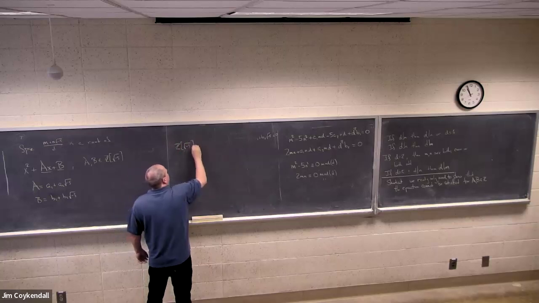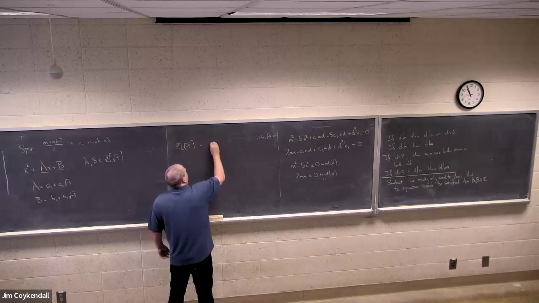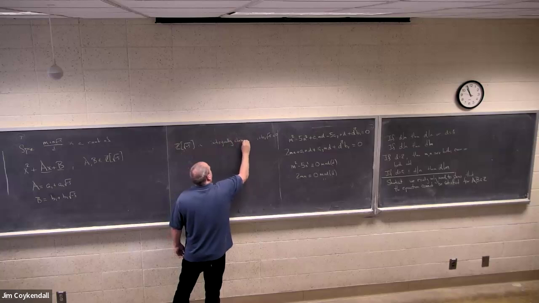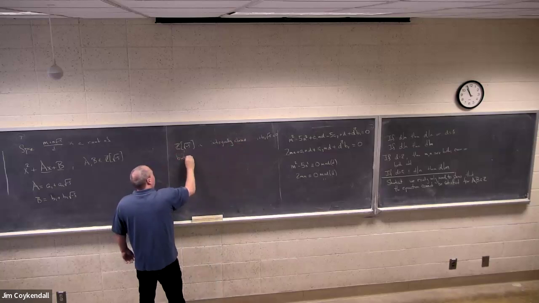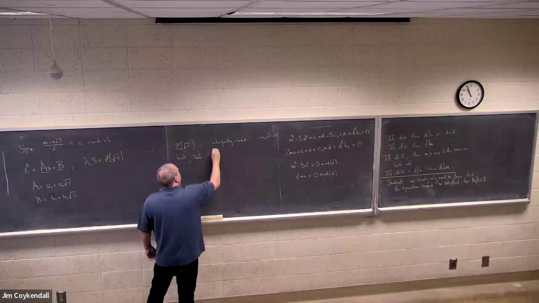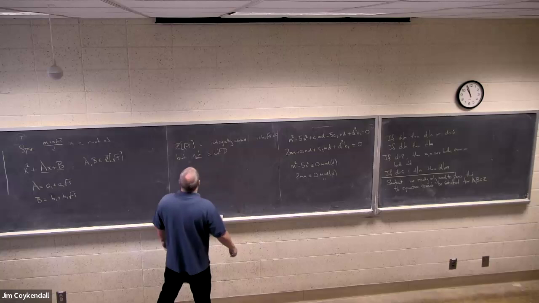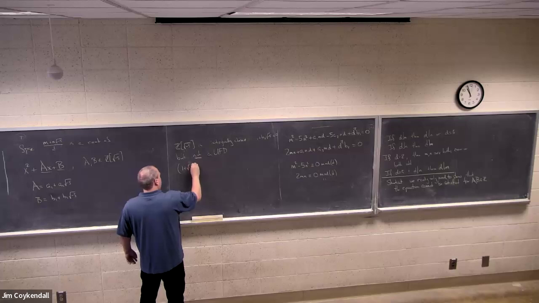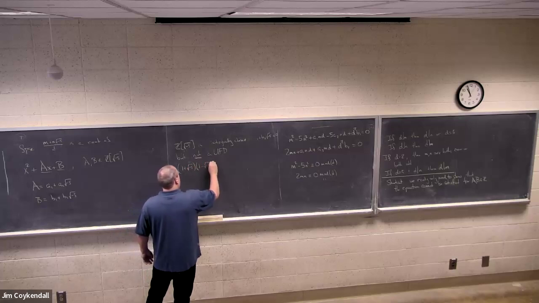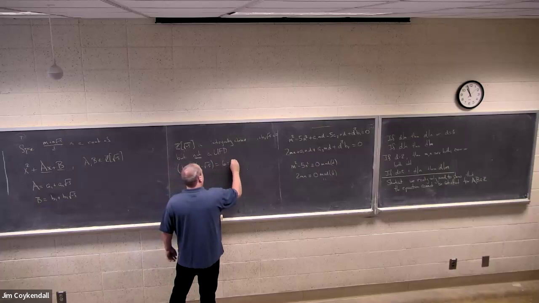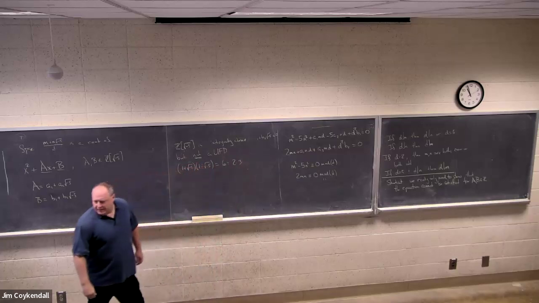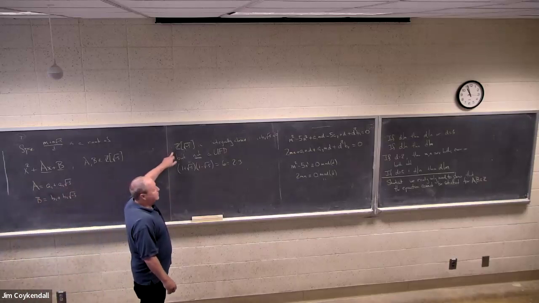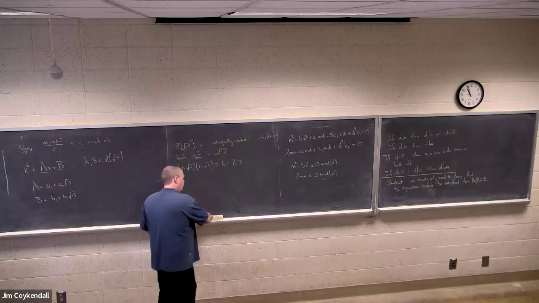This ring is integrally closed, but not a UFD. Many of you have already seen this example in a previous number theory course. This is not a UFD, but it is integrally closed.